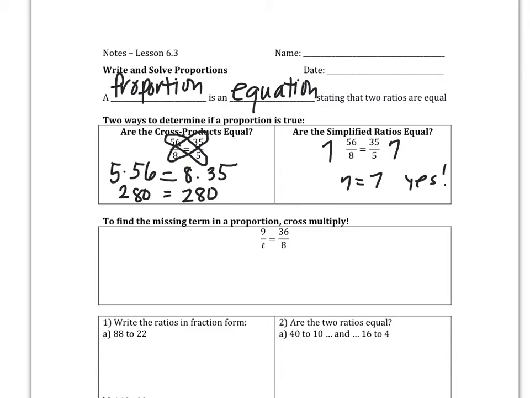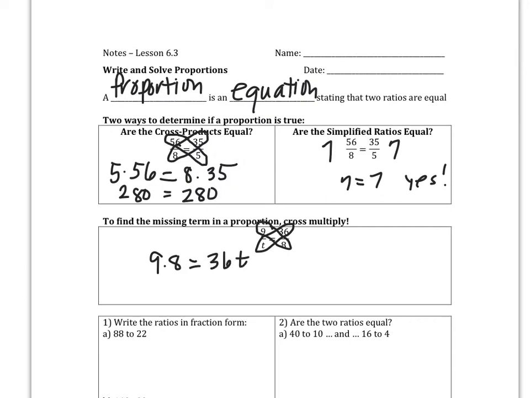To find the missing term in a proportion, we're going to cross multiply, just like we did with cross products, except we're going to have an unknown to solve for. We start by multiplying the diagonals, 9 times 8, and those have to equal 36 times t.